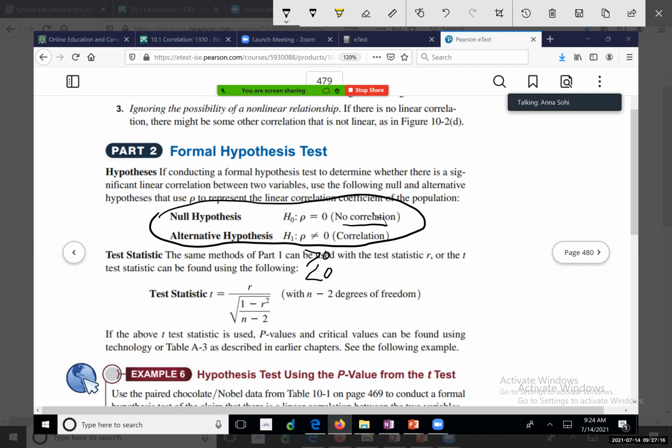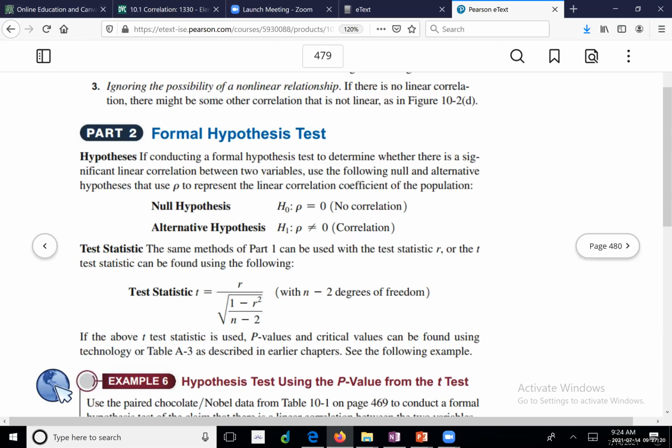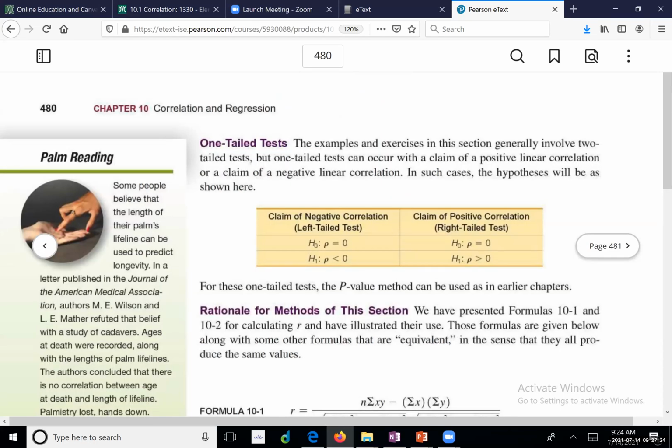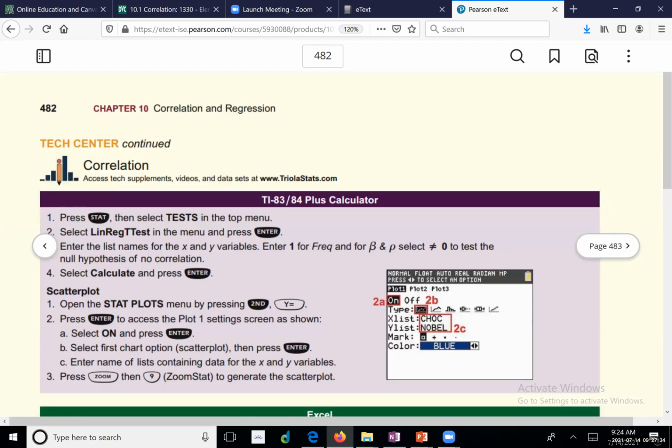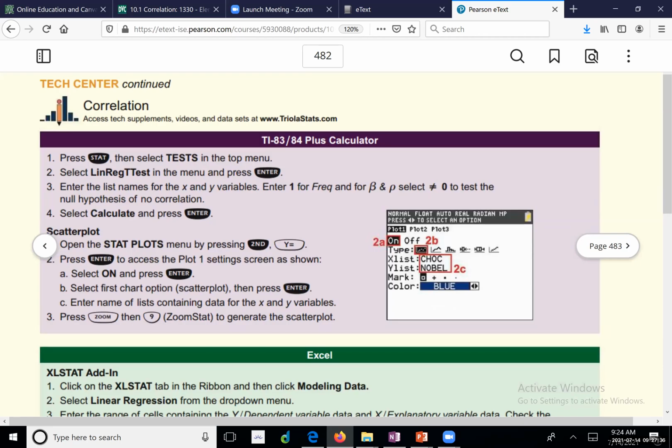Less than 0 means negative correlation. So here are the calculator commands that we will be using.